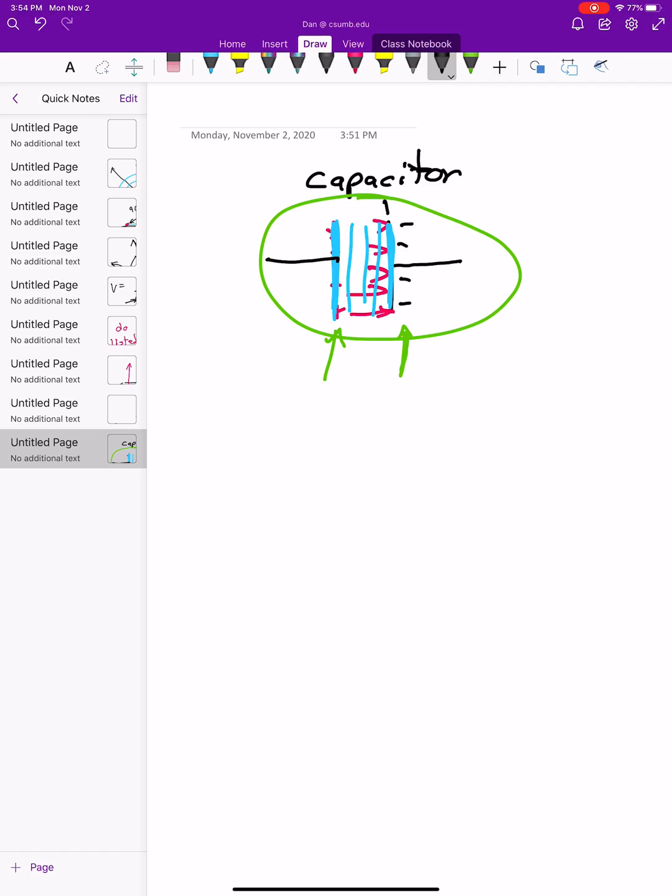All right. Now, what's interesting to us is how much charge is on the capacitor. So how many of these pluses and minuses do we actually have on the capacitor? And I'm going to give you an equation right now that we'll be talking about a lot for the next little bit.